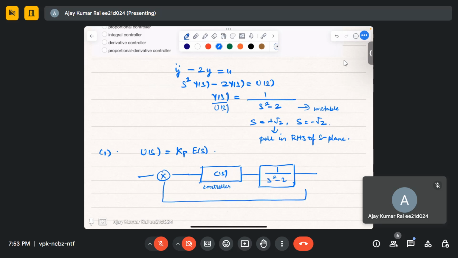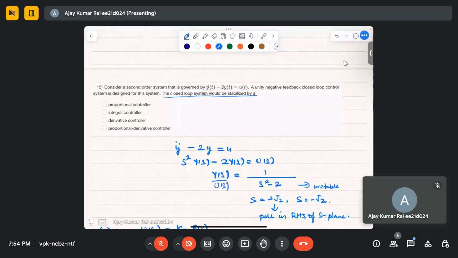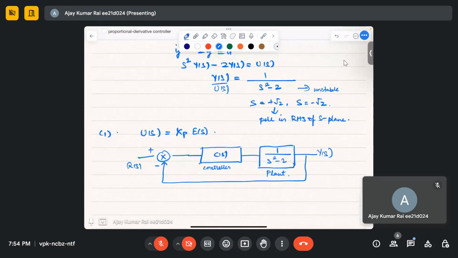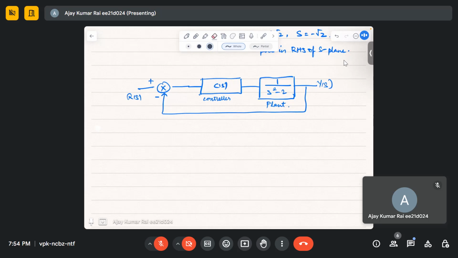This is how the closed loop system is. We have to choose an appropriate controller so as to stabilize the system. Which controller can stabilize? C of s you have to choose. And C of s is what? So in case of the first, proportional controller.